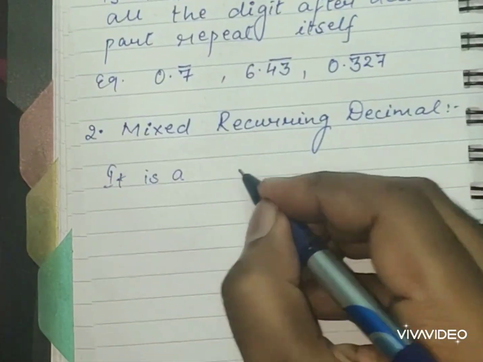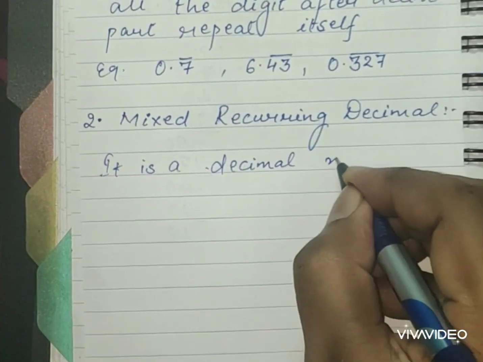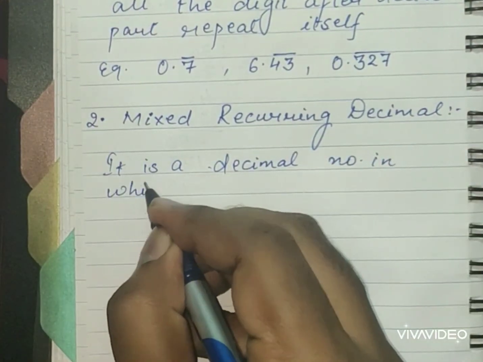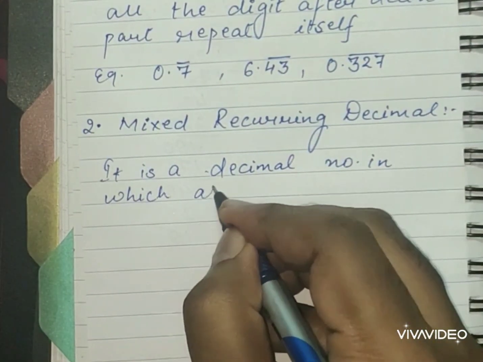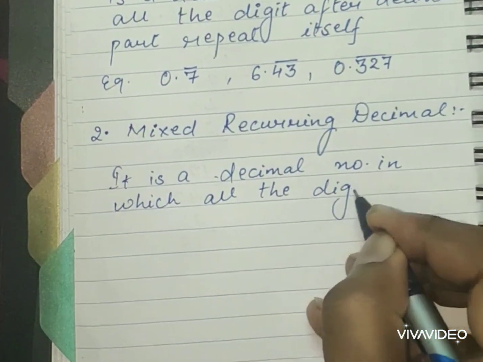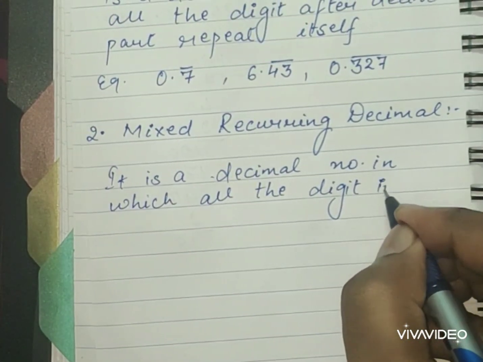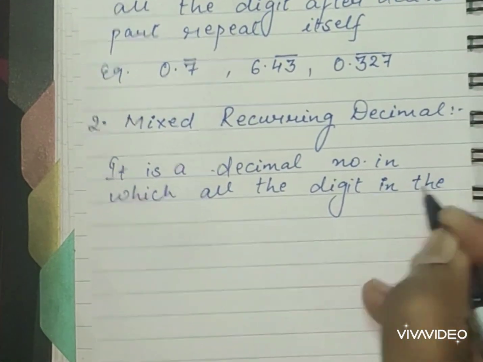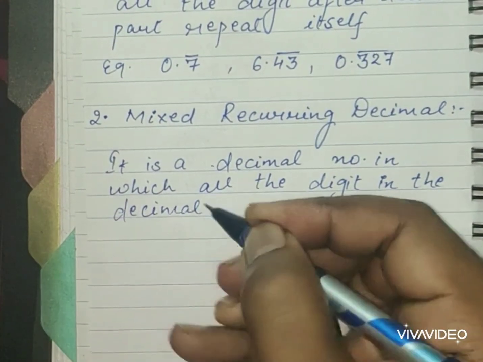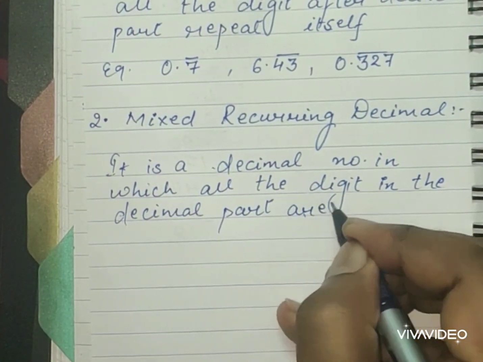It is a decimal number in which all the digits in the decimal part are not repeating.